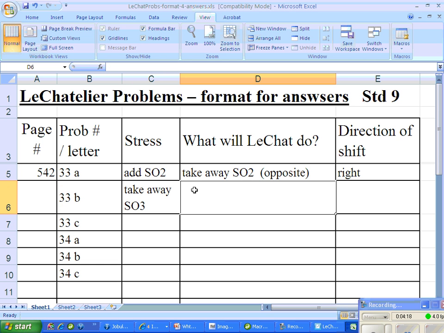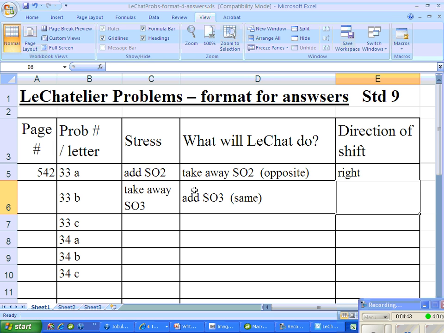Now, what does LeChat want to do? He wants to add SO3. And whenever LeChat adds whatever he's adding, he goes to the same side that it's on. It's either opposite or same every time. In this case, it's the same.